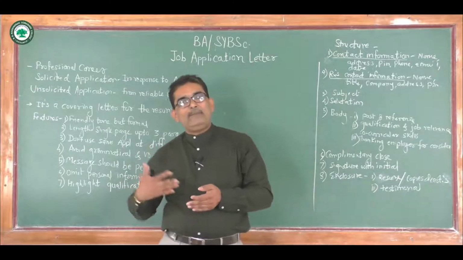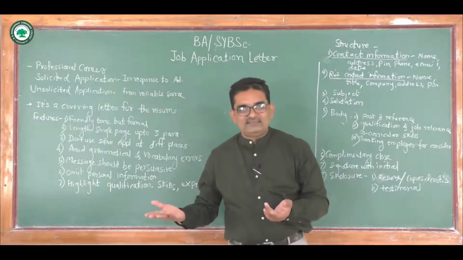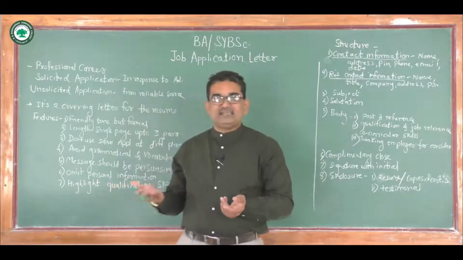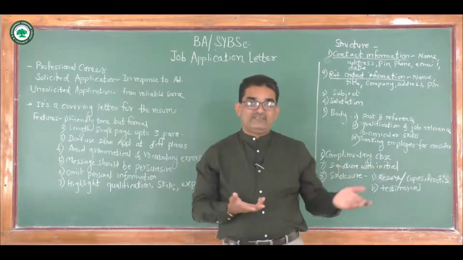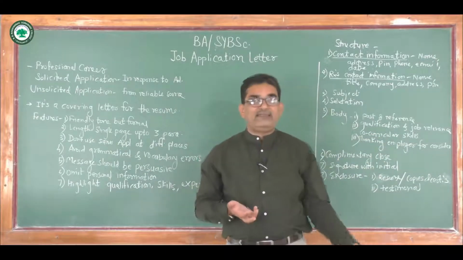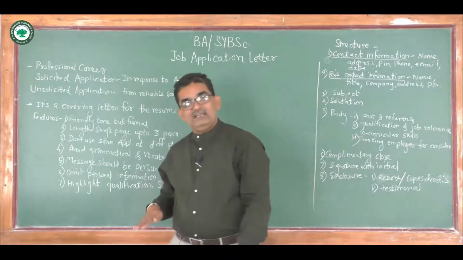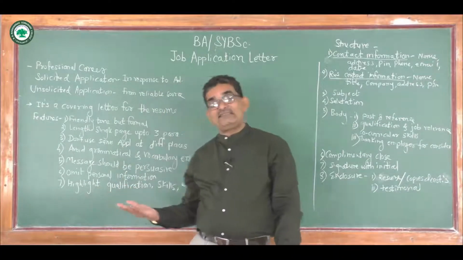Just say I am MA in English, I am MA in economics. Mention your highest qualification. It is obvious that you have achieved the earlier qualification. In your documents and resume they might be reflected, but whenever you are writing an application, mention your highest qualification. It reflects your attitude, your presentation.